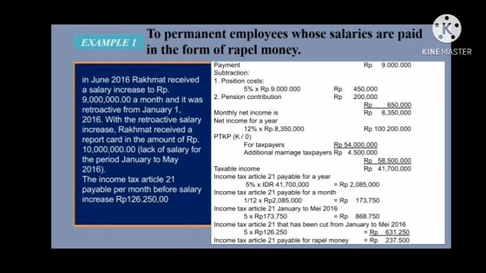So 9 million rupiah minus 650,000 becomes 8,350,000 rupiah. To get the net income for a year, we need to multiply the monthly net income with 12 months of the year.